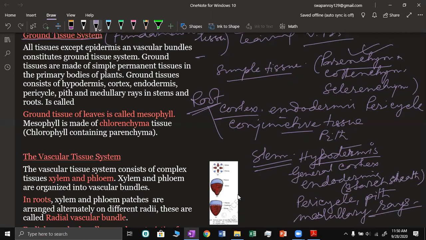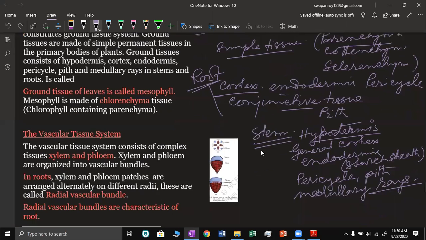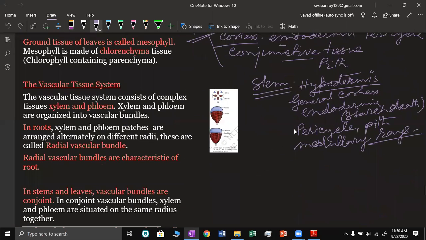These are the fundamental tissues of the stem and root.